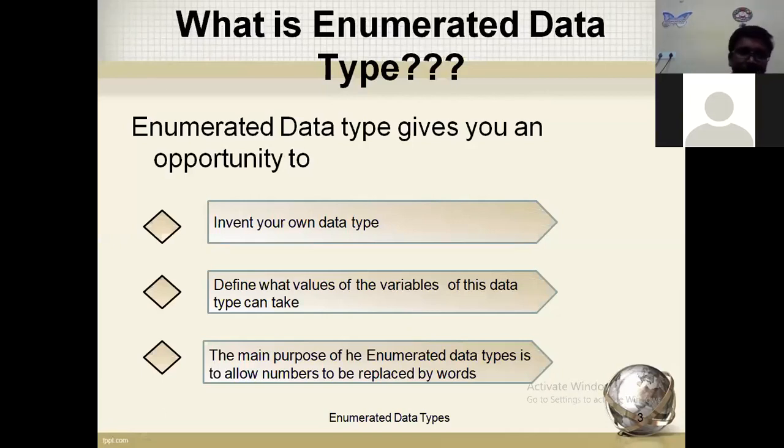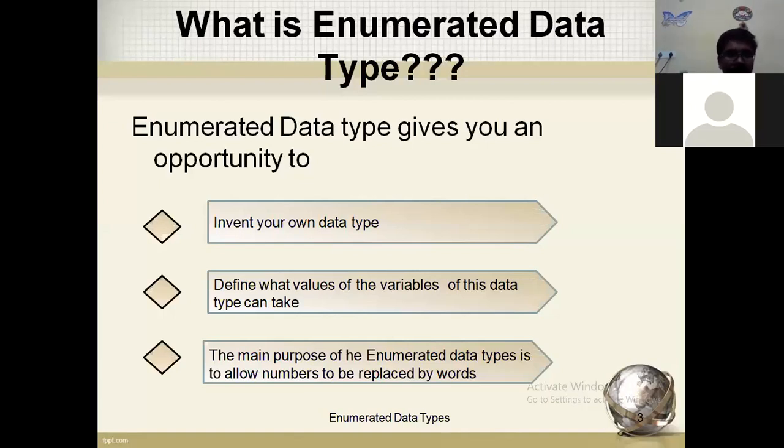Next, it defines what values variables of this data type can take. The main purpose of enumerated data type is to allow numbers to be replaced by words. We are going to give some words, but we are not giving any numbers. Automatically, the enumerated data type gives the numerical equivalent of each and every word.